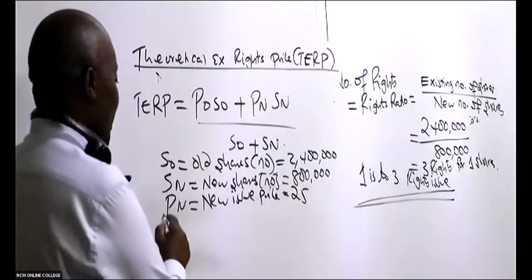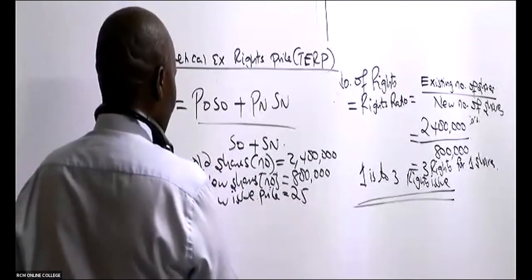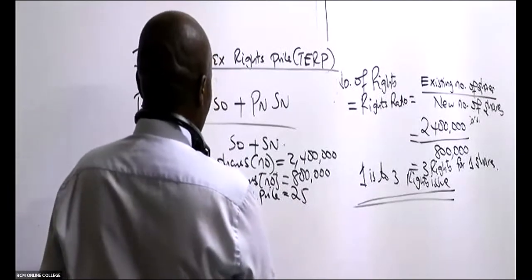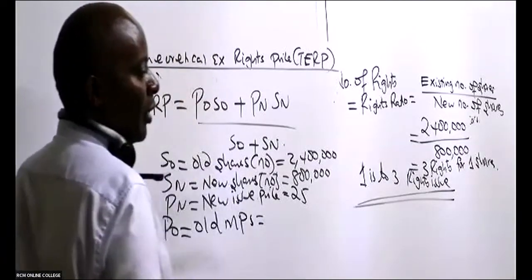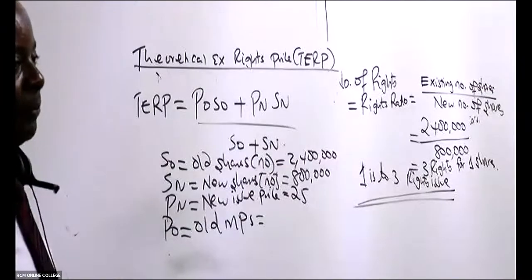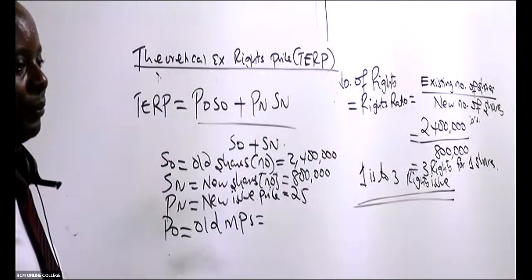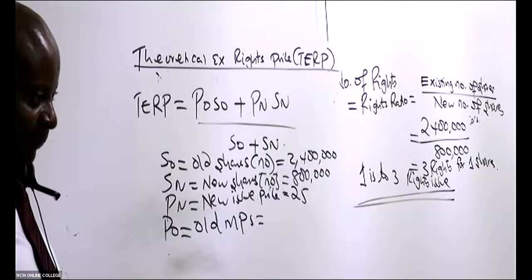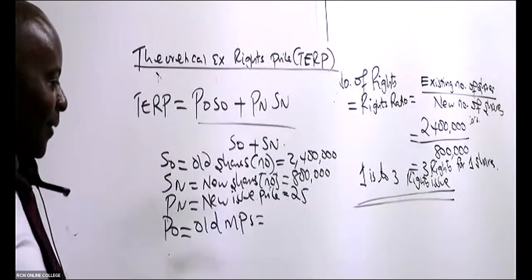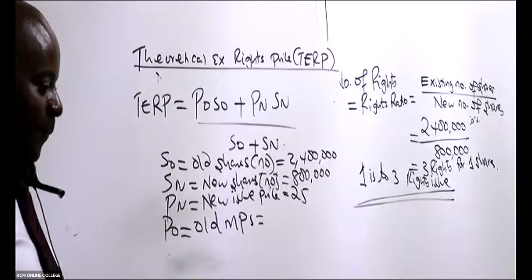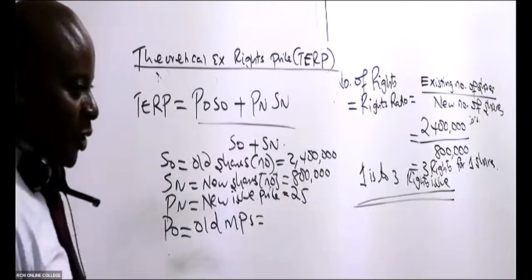So in this case, PO stands for the old market price per share. So please give me this old market price per share.